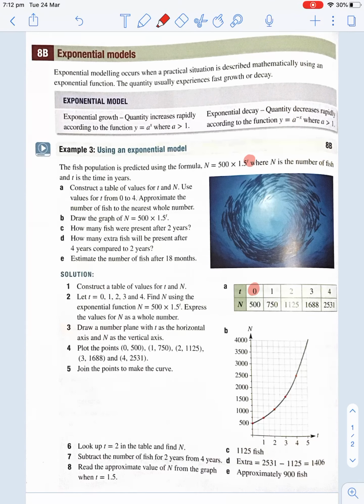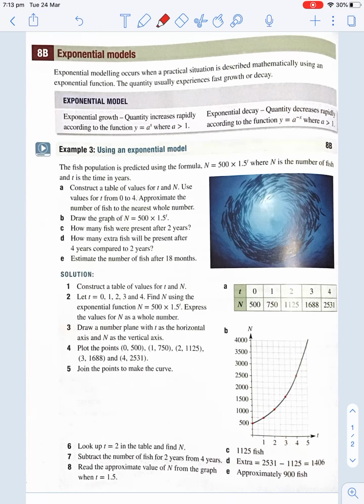This will end up being 500 times 1.5 to the power of 0. 1.5 to the power of 0 is just 1, so 500 times 1 equals your 500. That's how they're getting this table of values, and you continue that process and you'll get these numbers here. That shouldn't be too bad.